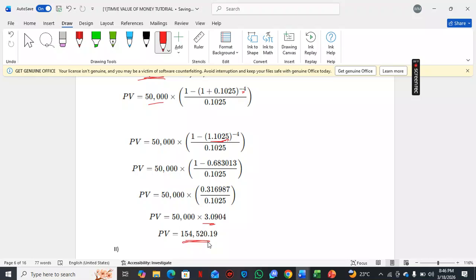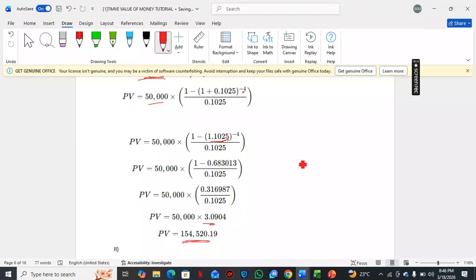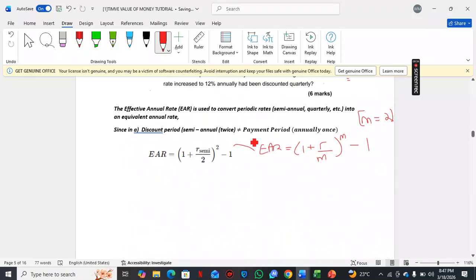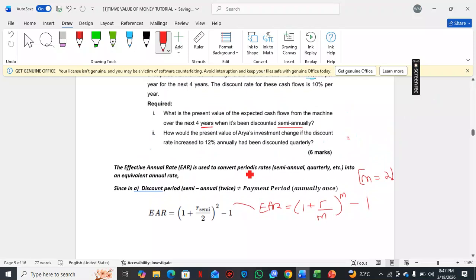Any questions? So always make sure the discount period and payment period are equal. Don't just start solving, you'll get your answer wrong.